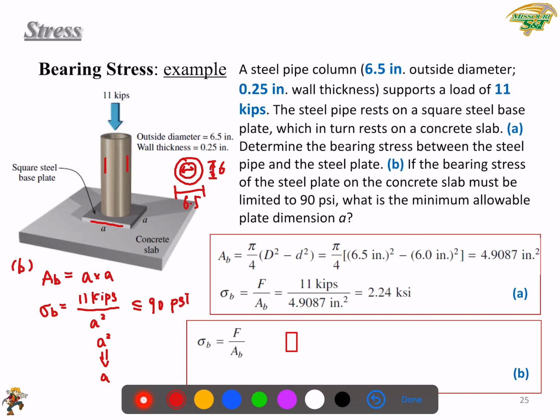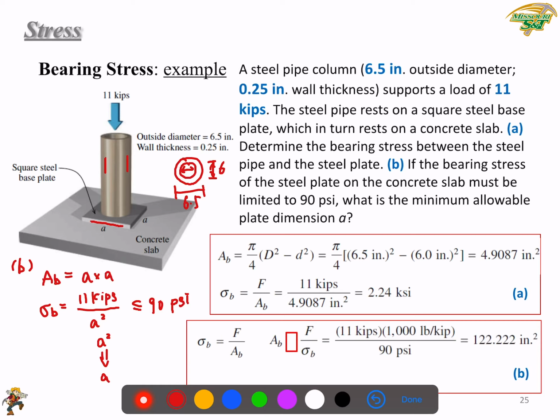So as shown here, we list the equation first and then calculate the A_B, and we say that A_B equals F over sigma_B. So you will get 11 kips over 90 psi. That will be 122 square inch. So that is A square.